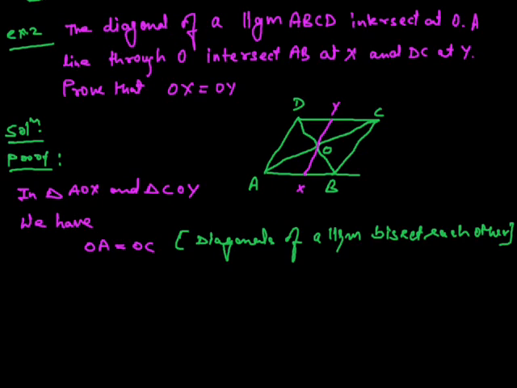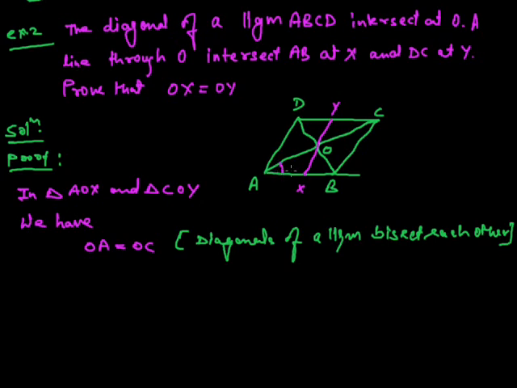Now the remaining thing is, two sides are left, AX and OX. OX you have to prove. If we could write AX equals to CY, then we would write it, but we cannot. So go with the angles.